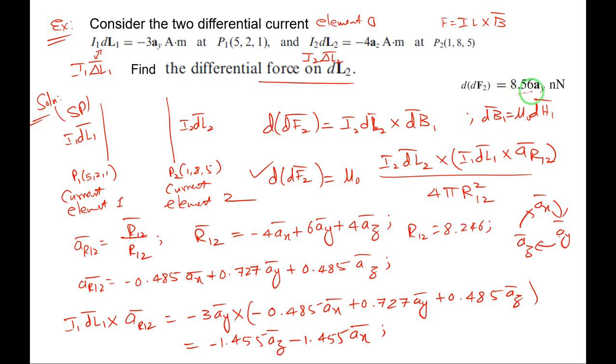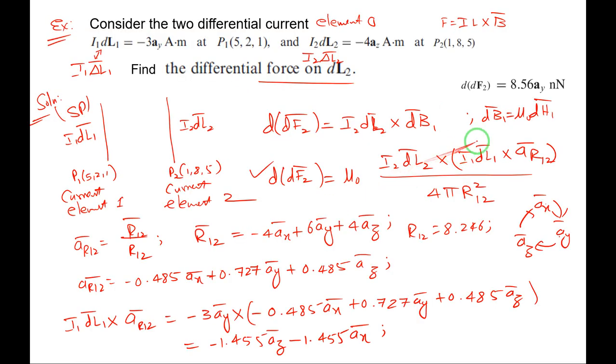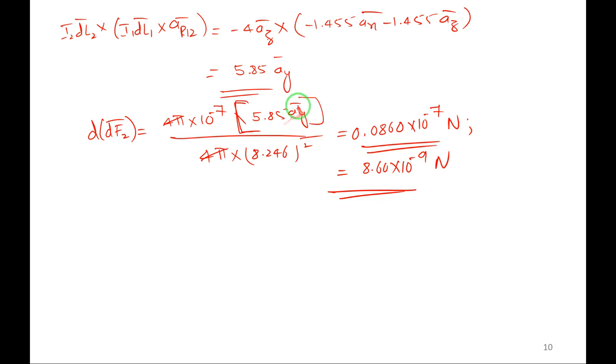They have given 8.56 nano in terms of 10 power minus 9, which means 2 digits in front, so it is 8.6012 into 10 power minus 9 newtons. 8.6 nanonewtons, but don't leave out AY. Write down AY because it is a vectorial force. So 8.6 nano AY vector newtons. Is it fine?